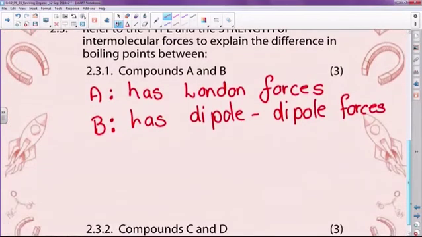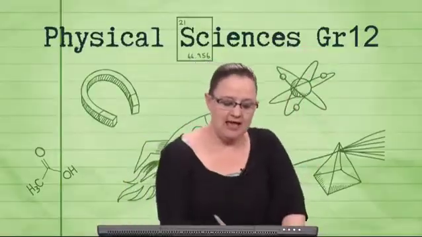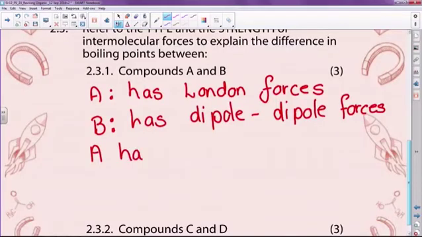From here, and I have to be honest, I think they were a bit mean on the mark allocation here, you go A, and you can either do it from A's point of view or from B's, but it doesn't matter. I do it from A's because it's the first one I mentioned. A has weaker intermolecular forces.